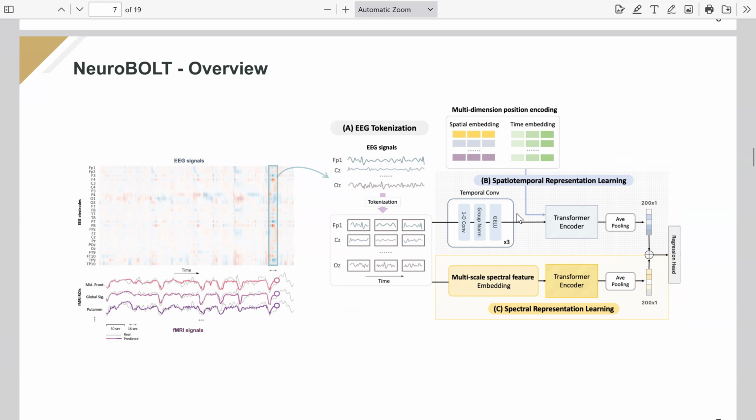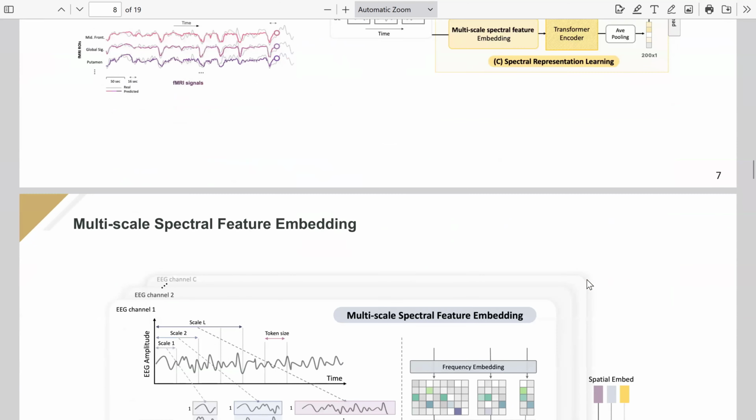They have this temporal convolution branch, which gets fed in along with this multi-dimensional position encoding, which I want to talk about separately, into a transformer encoder with average pooling. Just a normal addition here with the spectral feature embedding as well, which we can talk about in a second.